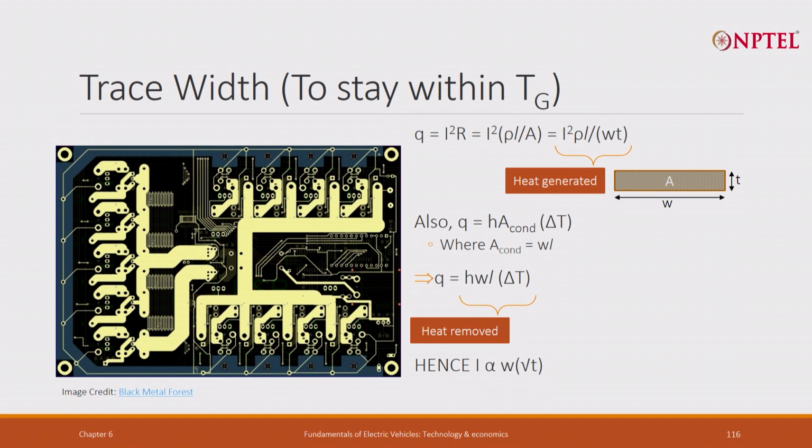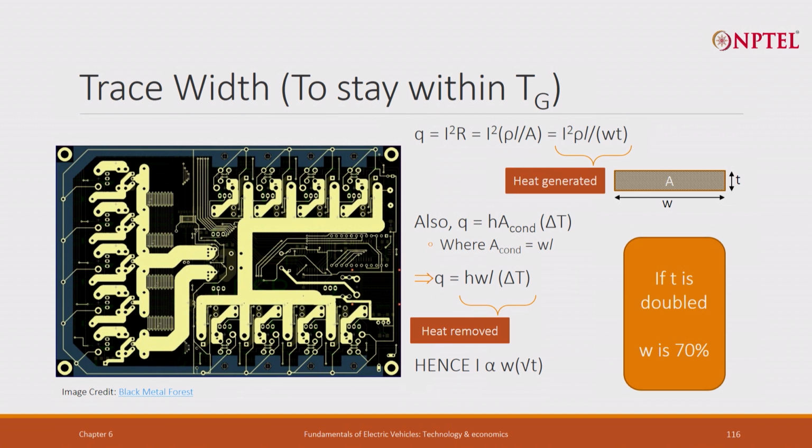The equation is right here. If I double it, width will become 70%, width will not become half. If I only go by the heat generated and look at the area of cross section, then if I double the thickness, I will halve the width and make it 5 mm.